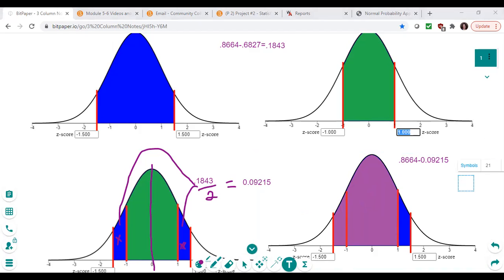When we do that math, 0.8664 minus 0.09185, that will tell us that the answer we're looking for, the purple area, is about 77%. And that's how we are going to use this.